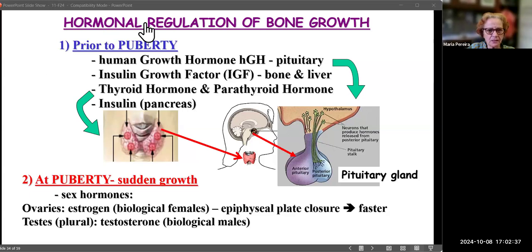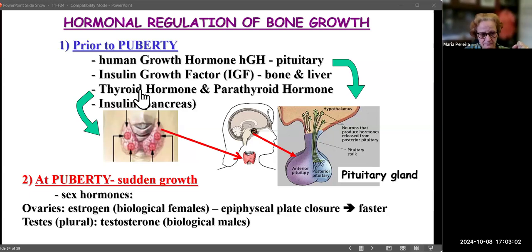So, as I said, not only stress regulates bone growth, but there are hormones that regulate bone growth. So before puberty, what are the hormones? Yes, that's that noise that you hear when you crack your bones.